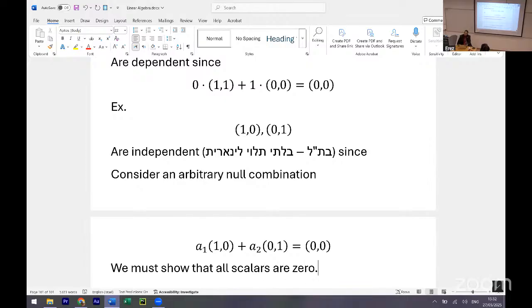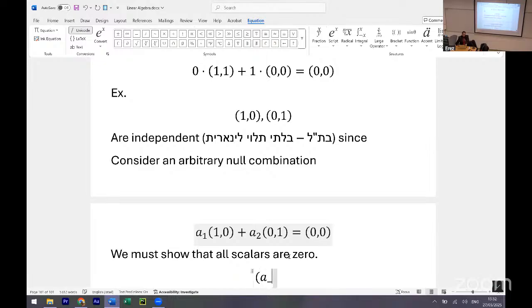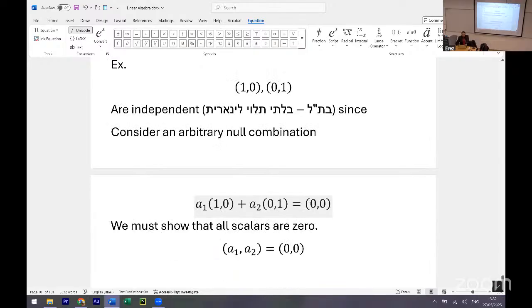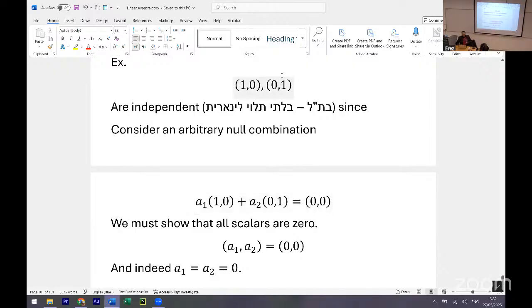So the question was whether you can get a nullifying linear combination when not all the scalars are 0. So I'm taking an arbitrary null combination, a linear combination that goes to 0, and asking, is it true that all the scalars must be 0? And here it's in fact really easy to see, because on the left-hand side you get a1, a2 equals 0, 0. And indeed, a1 must equal a2, which must equal 0. So this sequence of vectors is batal, linearly independent.